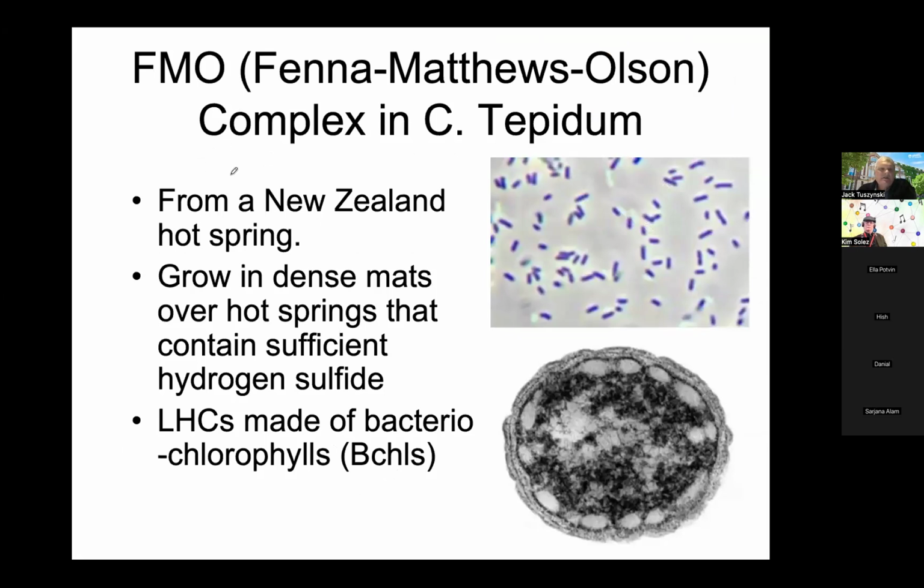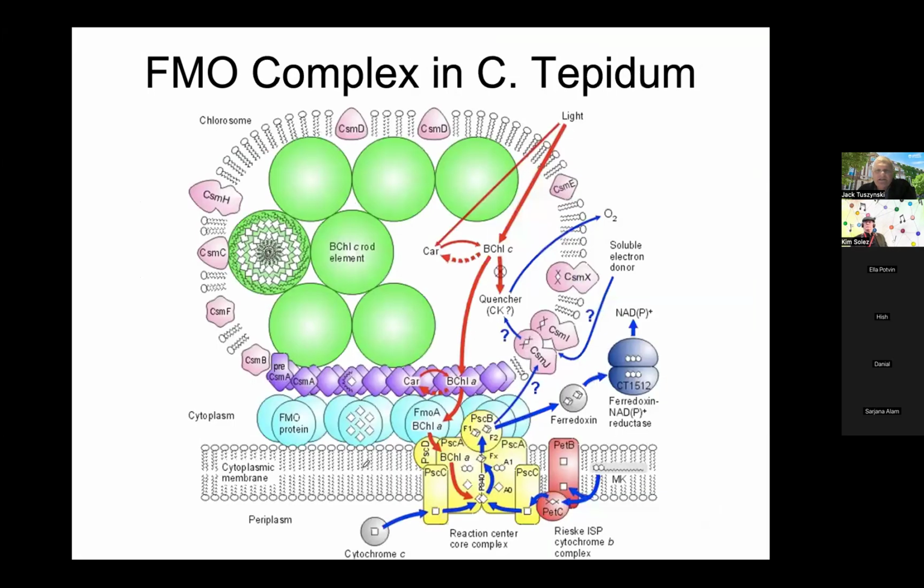So FMO is the name of the complex, Fenna, Matthews, Olson, after the names of the people who discovered it, and it is also present in bacteria, like those bacteria and bacterial chlorophylls in the hot springs of New Zealand.